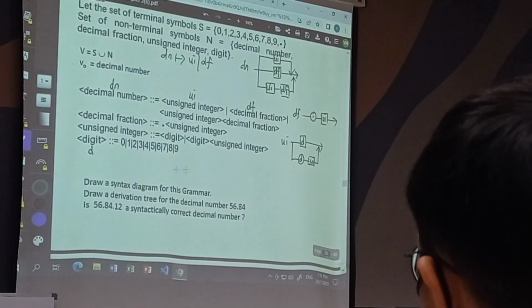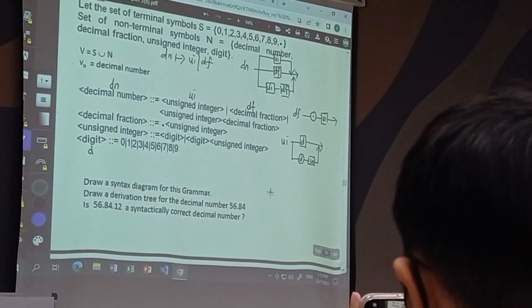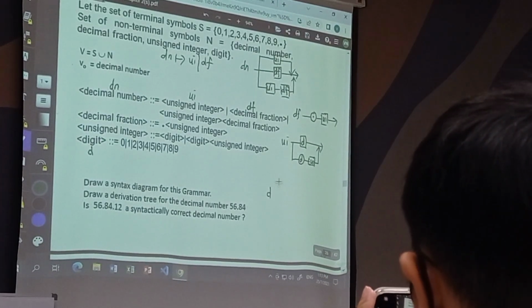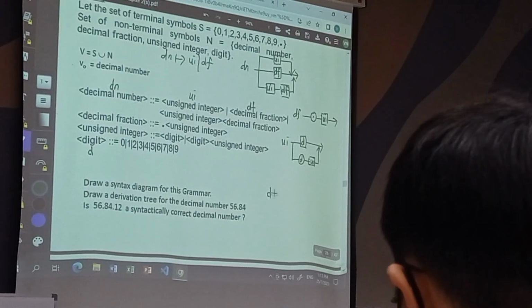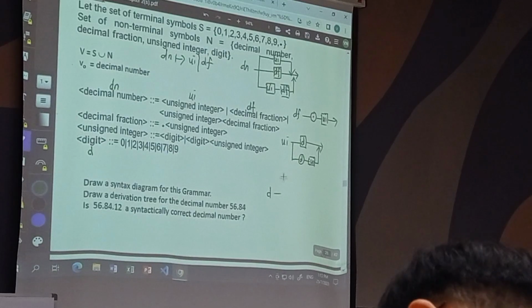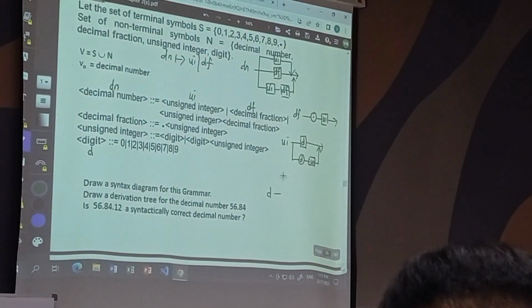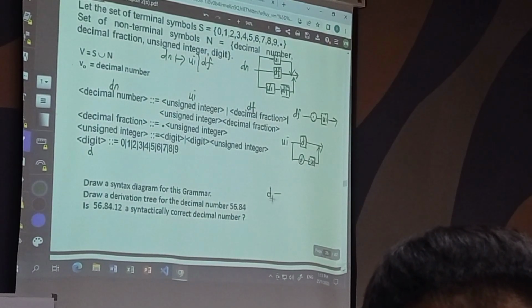And the last one, digit, substitute with, yeah, you need to replace with all the 9 number.